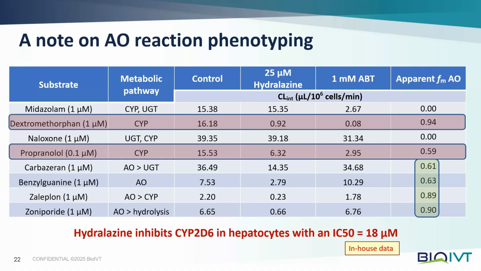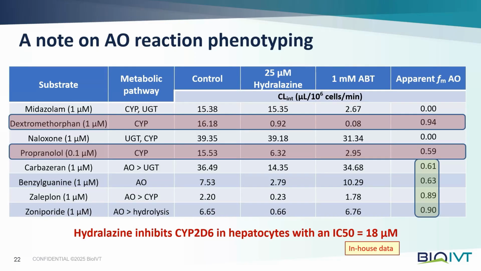And so the control clearance here is in hepatocytes listed in this column, and then in the presence of hydralazine, you see that dextromethorphan clearance is dramatically decreased. That would give you an apparent fm by aldehyde oxidase of 0.94, which we know, of course, is not the case. Propranolol is also decreased, but you see the same thing with 1-ABT. So almost a complete knockdown or similar knockdown of CYP2D6 activity of dextromethorphan and propranolol.